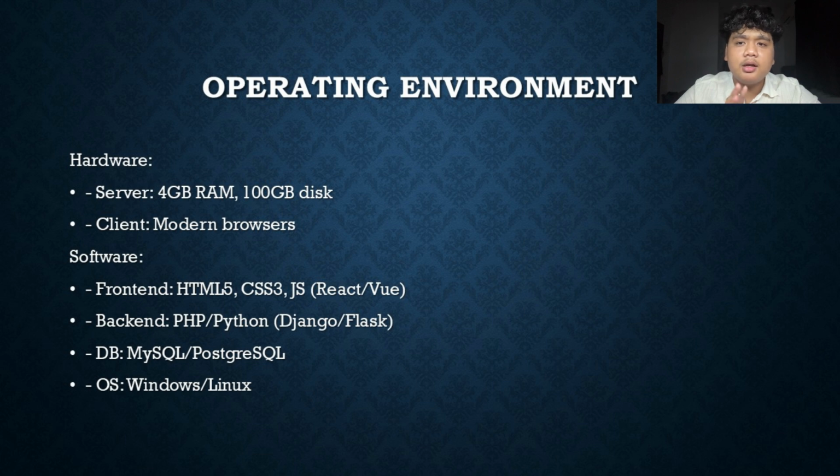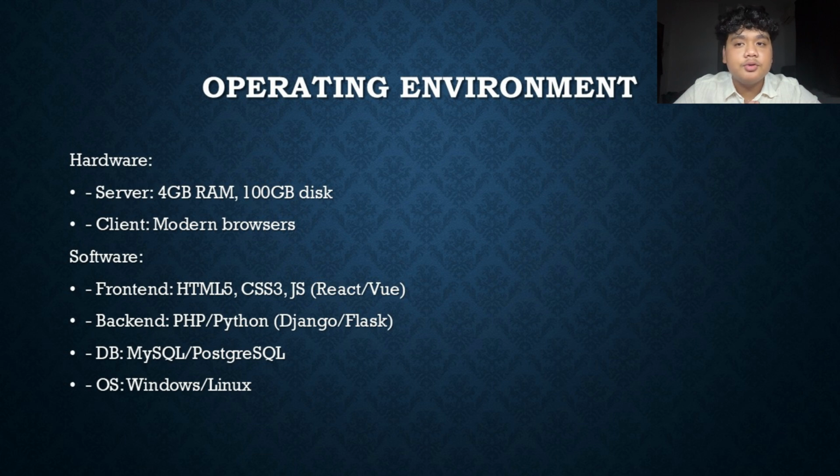Operating environment. Let's talk about the technical environment required for the system. First is the hardware. The server needs at least 4 GB of RAM and 100 GB of storage to handle the operation. On the client side, users only need a modern web browser like Chrome, Firefox, or even Edge. Software. The front end is built with HTML5, CSS3, and JavaScript using frameworks like React.js or Vue.js for a dynamic user experience.